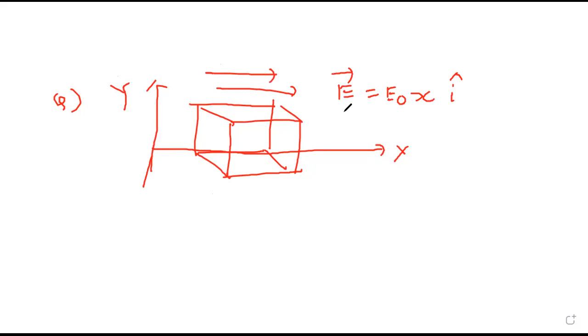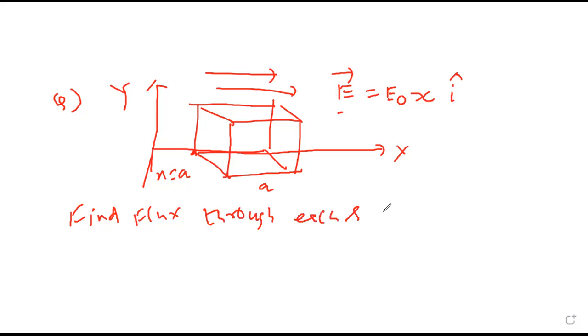That means E is not constant. As X changes, it will keep on changing. Now the answer will not be 0 because the field is not the same everywhere. This is X equals A, the side is A. Find the flux through each surface, also the total flux.